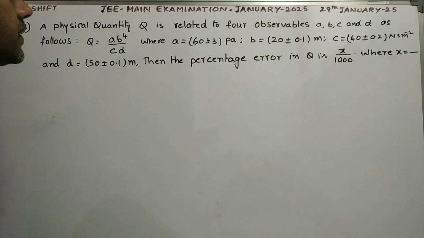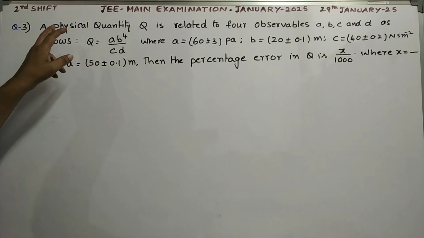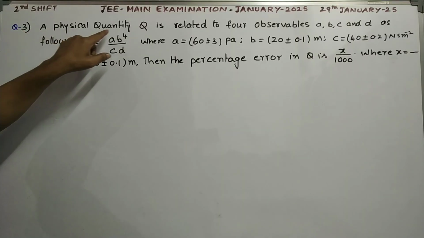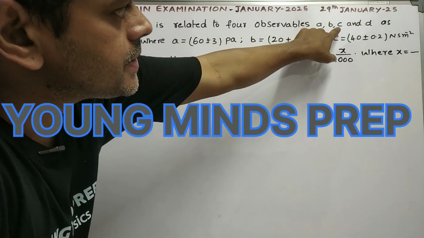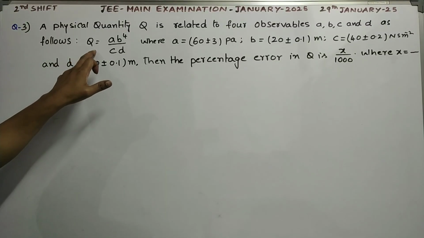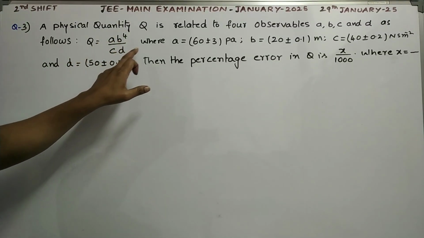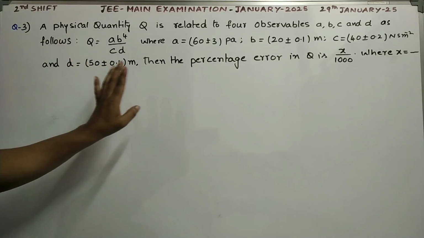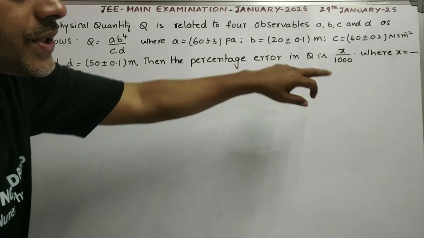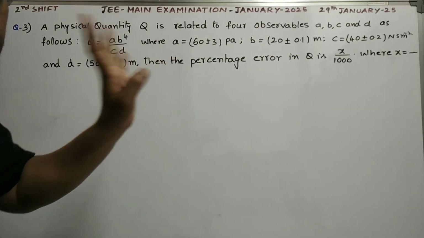The third question asked me is from the errors concept. A physical quantity Q is related to 4 observables A, B, C and D as follows: Q is equal to A B power 4 by CD, where the values of A, B, C and D are given. Then the percentage of error in Q is X by 1000, where X is equal to what?